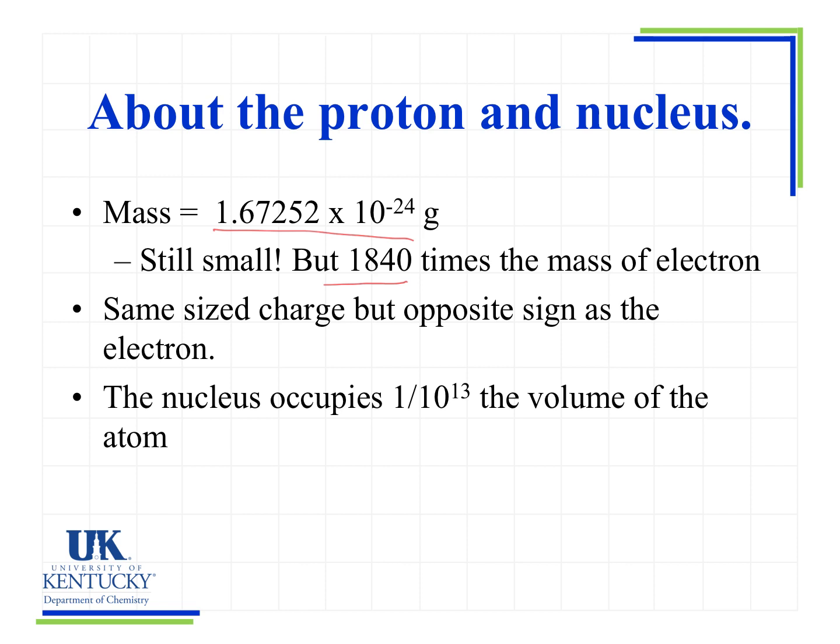It occupies 1/10^13 the volume of the atom. So if you think about it, you usually show atoms as a positive nucleus and electrons, but actually this is not really true.